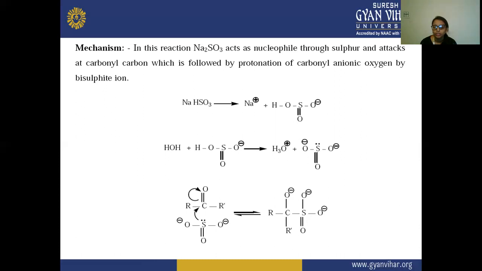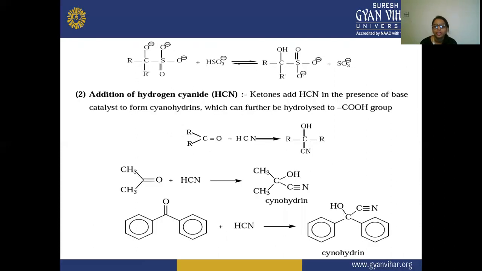This SO3 reacts with the carbonyl carbon, and there is a formation of this compound, that is your anionic product. This anionic product then reacts with HSO3, and there is a formation of this product. This is a reversible product.